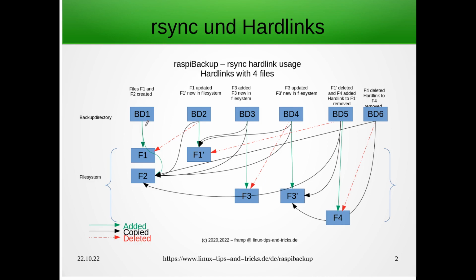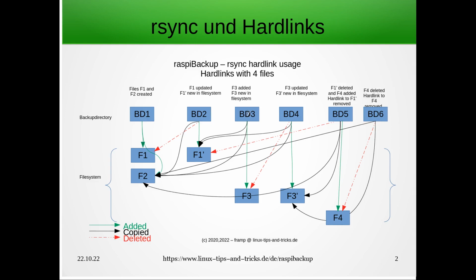So over here you have the different backups which are created over time. This is the first backup, which actually only creates a backup of 2 files. Then the next backup created at a later time, and the file 1 is updated.